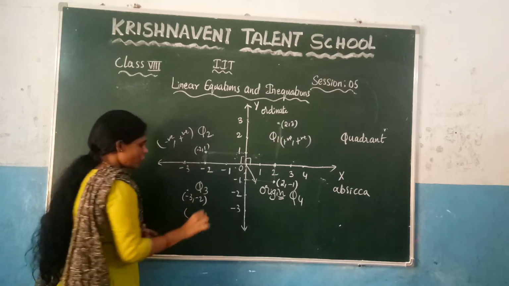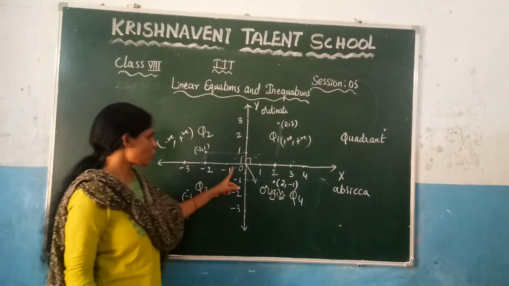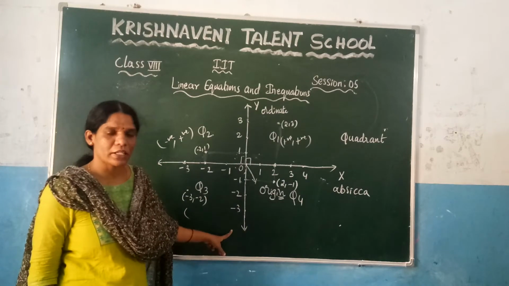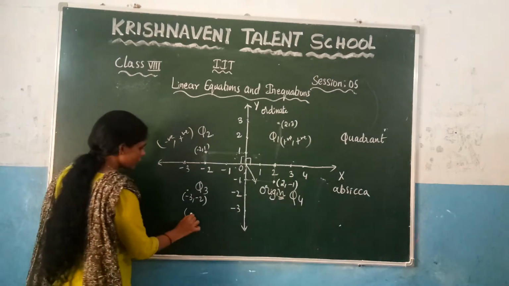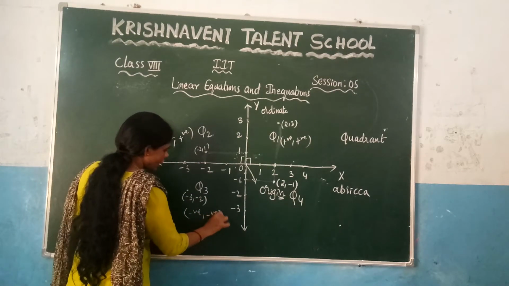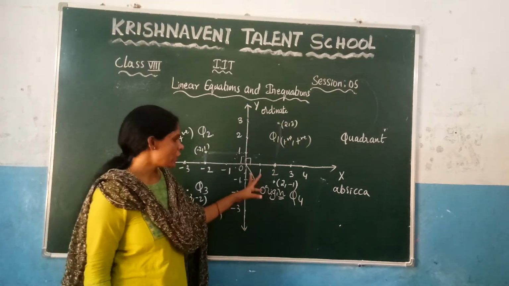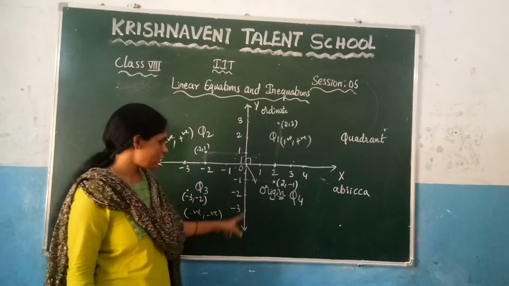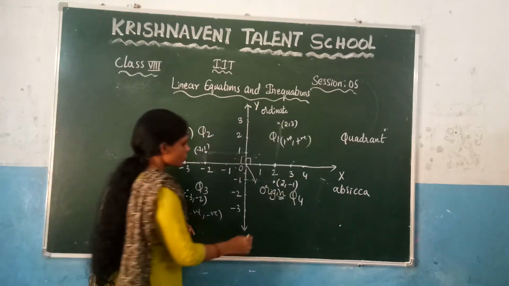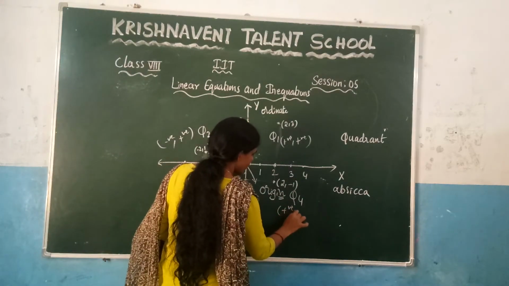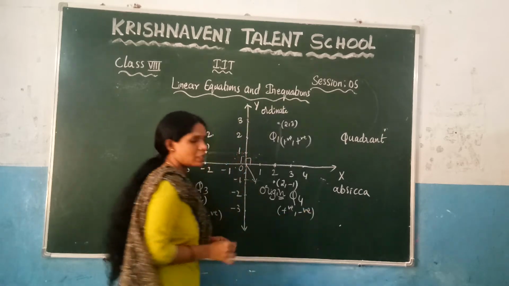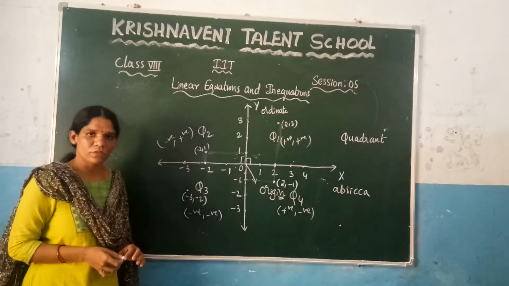And if you go to quadrant 3, the x coordinates are negative and the y coordinates are also negative. And if you go to quadrant 4, the x coordinates are positive and the y coordinates are negative. Like that it will be there in these 4 quadrants.